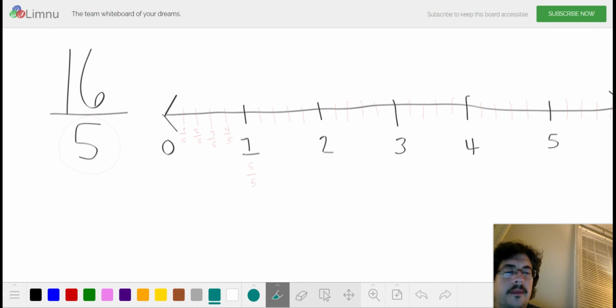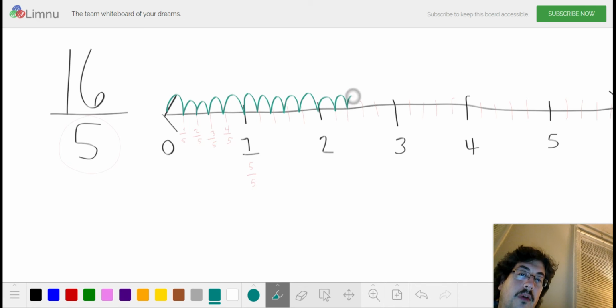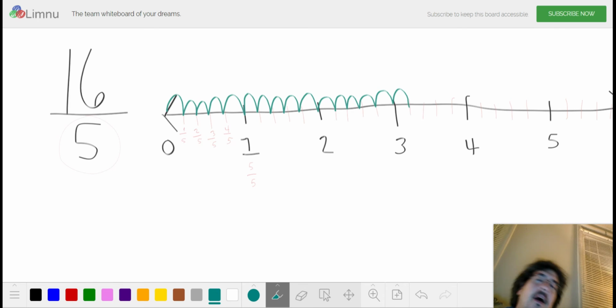Let me try that again. 1, 2, 3, 4, 5, 6, 7, 8, 9, 10, 11, 12, 13, 14, 15, 16. Oh, that was a lot better. Okay, why did I count 16? Well, my numerator is 16, and that just means I have 16 fifths. And so I want to skip count by fifths on my number line 16 times.